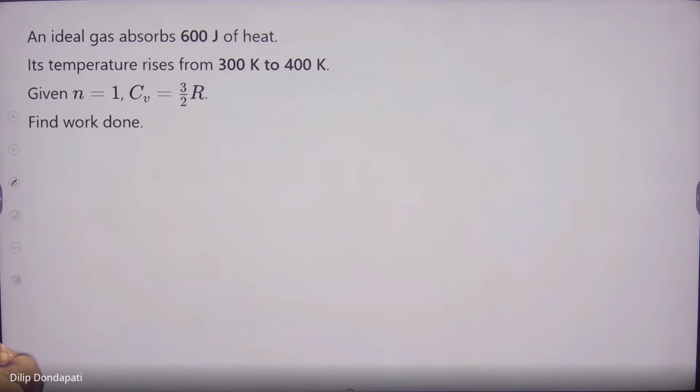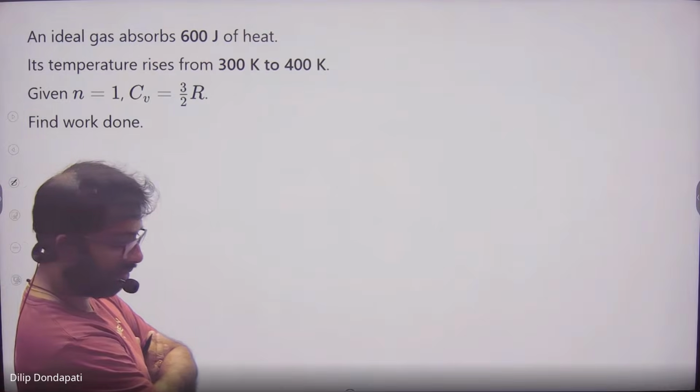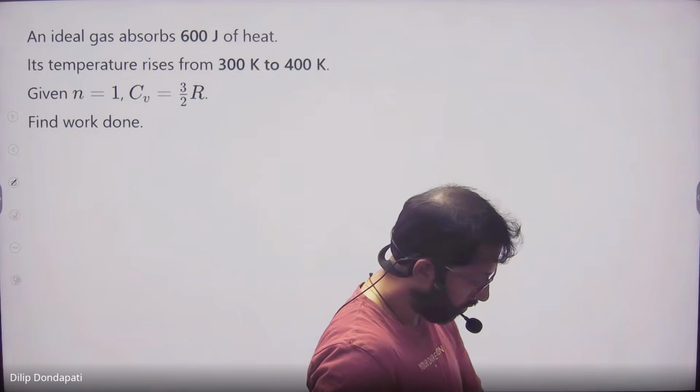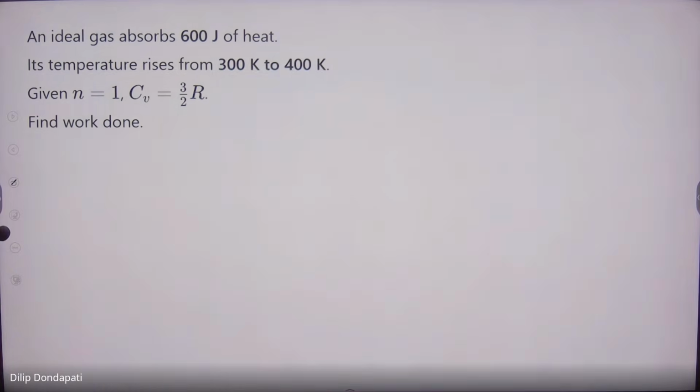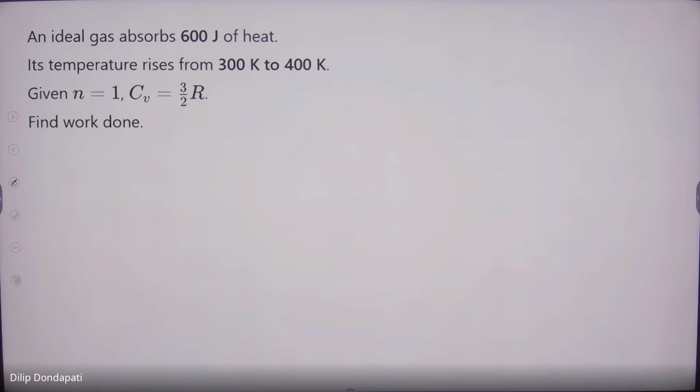So 600 minus 150 R. What is the final answer? 450 is coming. Not that, tell me the final answer. Sir, minus 645. In terms of R, tell me. So it should be 600 minus 150 R only, no?